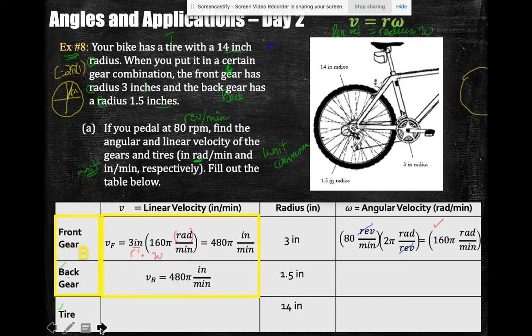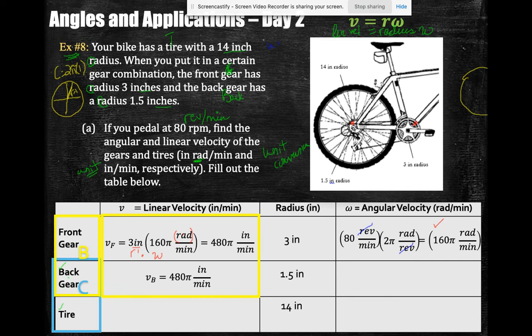So what's true about the linear velocity of the back? Because they are connected by a belt, right? So you have a point here on the front gear and a point here on the back gear.